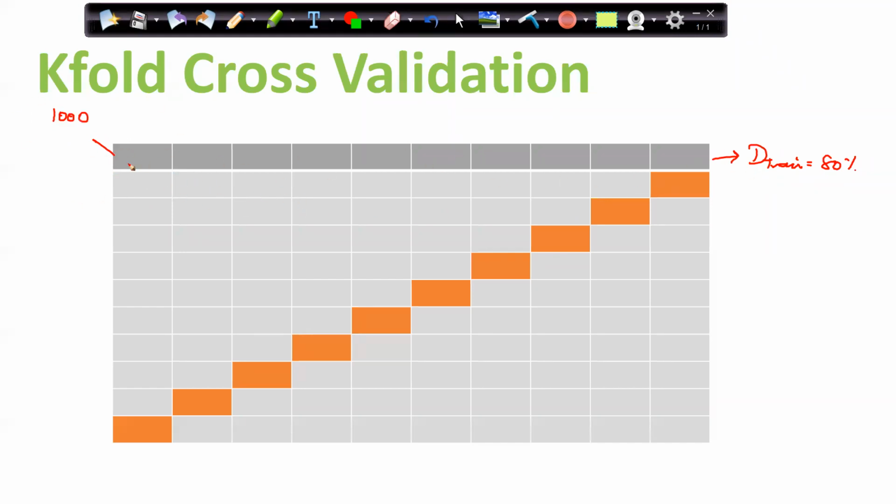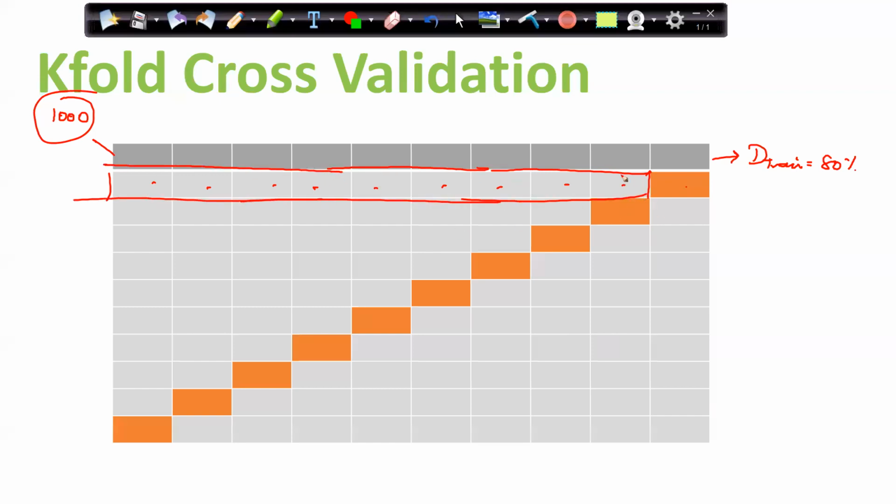I'm splitting these 1,000 records into 10 parts, 1, 2, 3, 4, 5, 6, 7, 8, 9, 10. I will use these 9 parts for training the model, and then I will use the 10th part for checking the accuracy of the model.